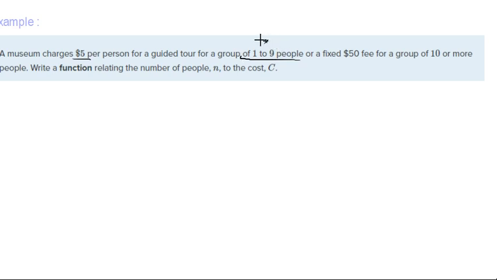So if x is between 1 and 9, you will pay $5 per person, this value 5 multiplied by x, and you will pay a fixed $50, no extra, for a group of 10 or more people. So write the function relating the number of people, denoted n, and the cost, denoted c.